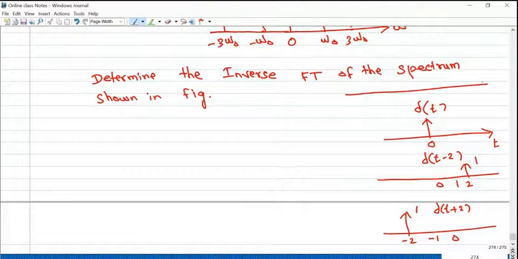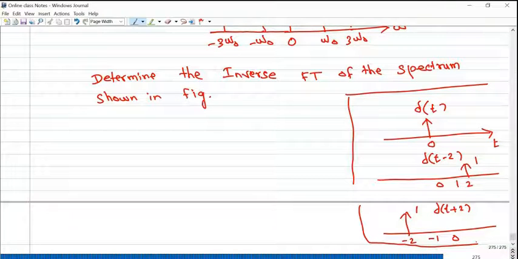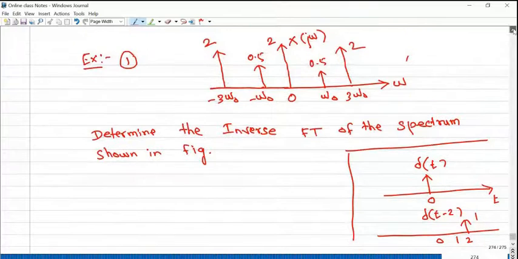So these are basic concepts we know already. Here the variable is t, while in this example the variable is omega. So it is possible to write the mathematical expression from the given spectrum.